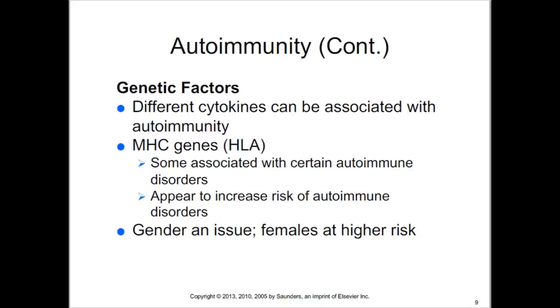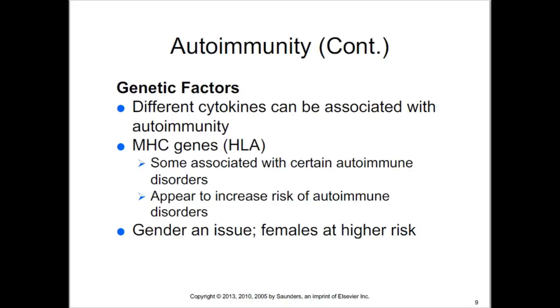It tells us a little bit about the ABC class 1 MHC genes and the class 2 DP, DR, and DQ MHC genes, and those are the ones that we use with tissue typing.